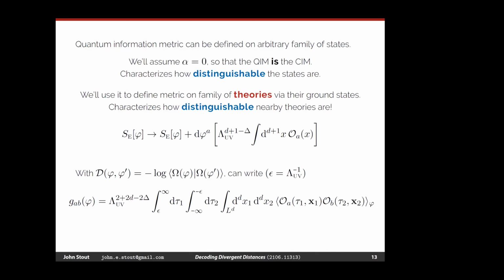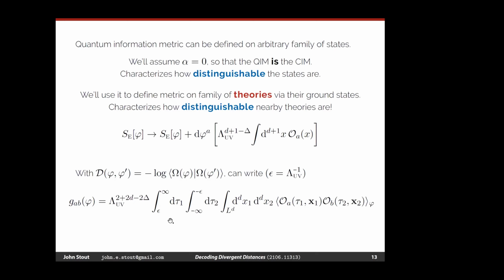And it's this object which is proportional to the Zamolodchikov metric and the metric on moduli space. So you kind of see that if I perform a deformation of a Euclidean action by some operators, say that this family is spanned by doing deformations with respect to some basis of operators, then taking two derivatives of this will give me some sort of two-point function that I have to integrate over semi-infinite time.